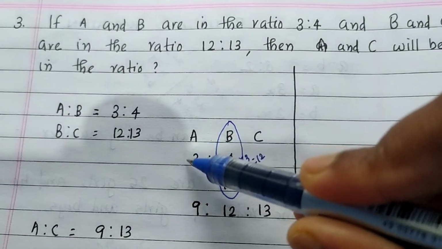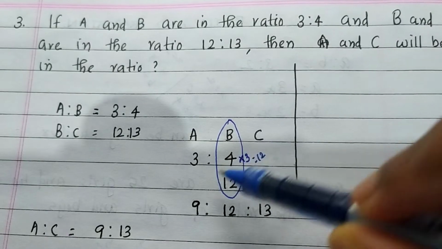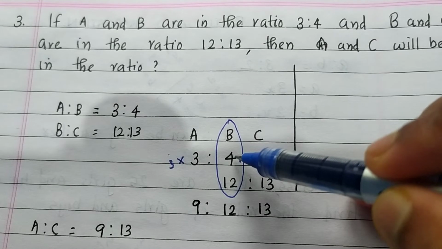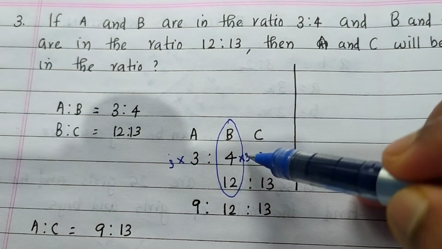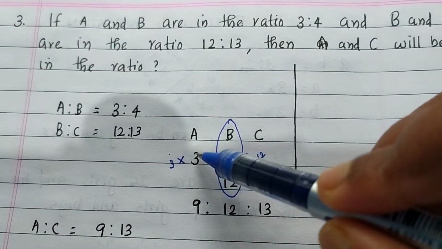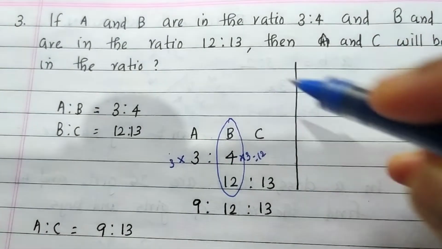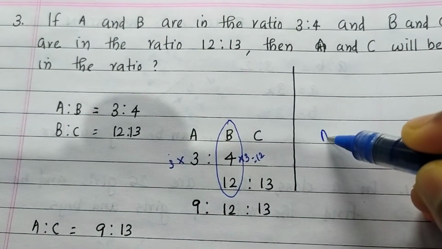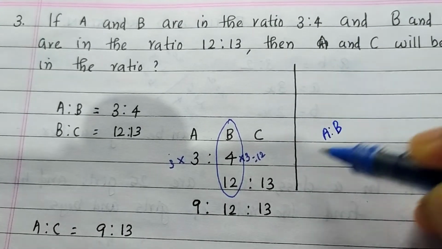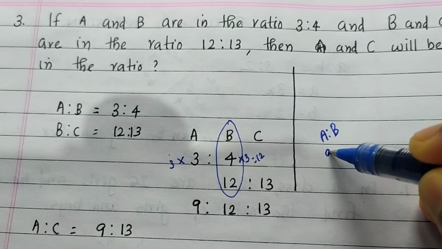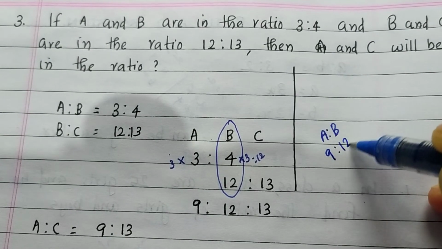If we multiply 4 with 3, we have to multiply the ratio with the common factor. So if we multiply 4 with 3, then we have to multiply 3 also with 3. So the new ratio of A and B will be 9:12.